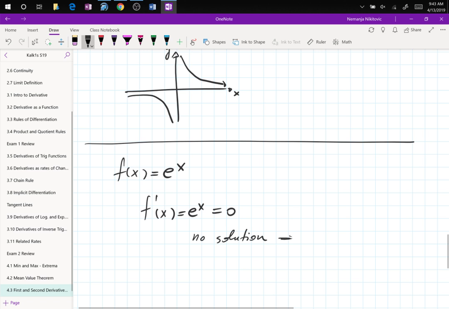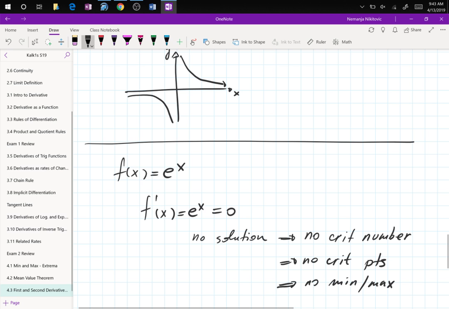No solution means no critical number, means no critical points, means no min or max.